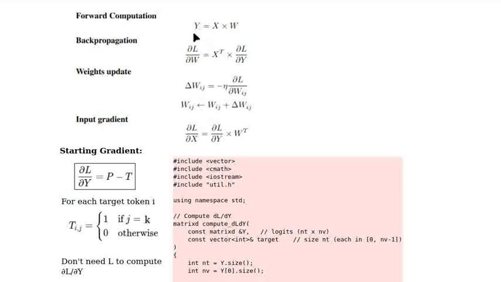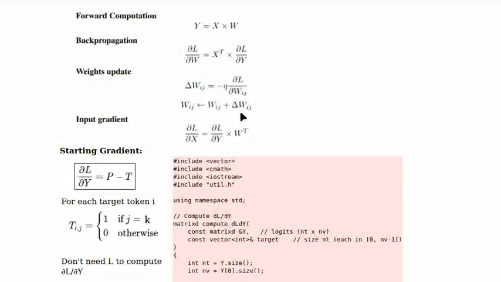If we can obtain this dL dW, then we can calculate the delta W, which is equal to a small constant eta times this gradient. Okay, and then we put a negative sign here.